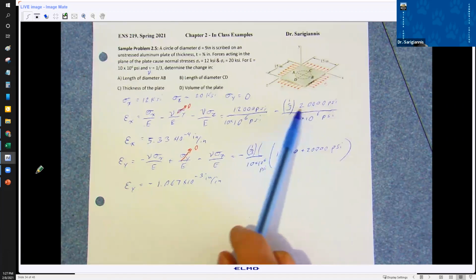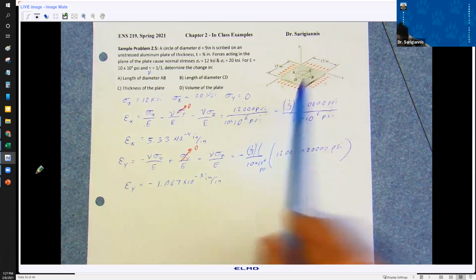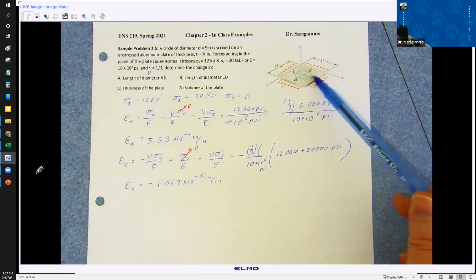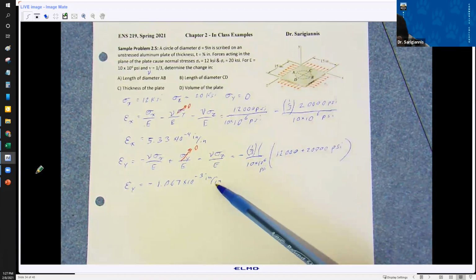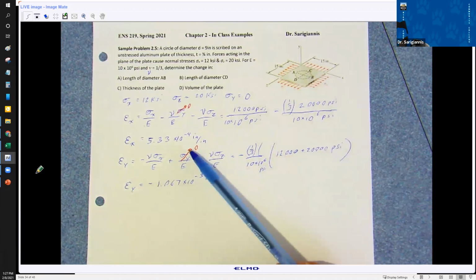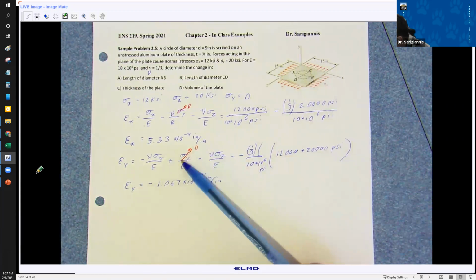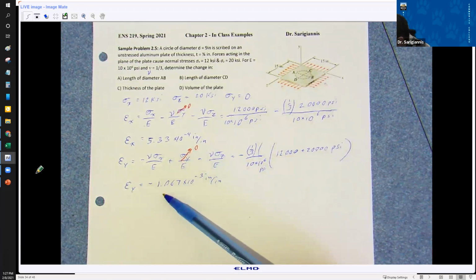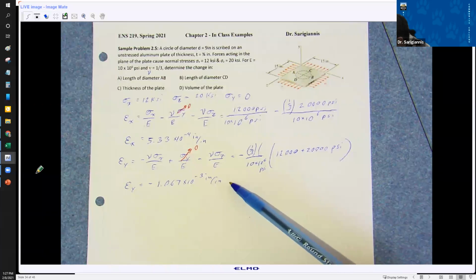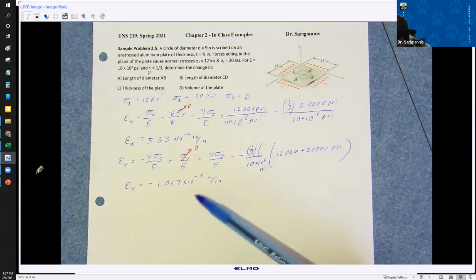In this case, this makes sense. The Poissons ratio is telling you that basically 1/3 of this force contributes to negating the elongation of the x. In the case of the y, there is no normal stress in the y direction. So we would expect this thing to be squeezed down, to shrink in the y direction.